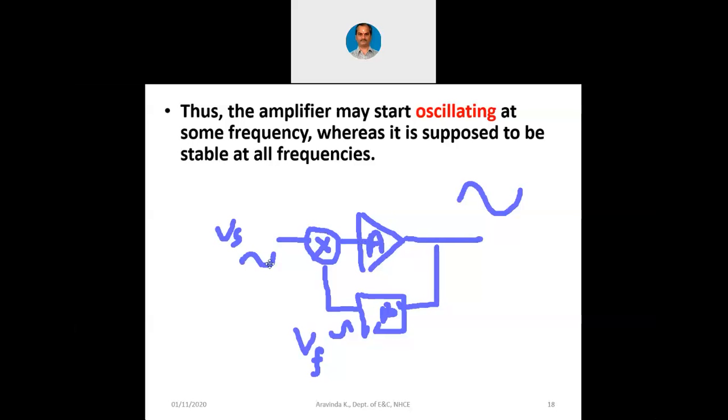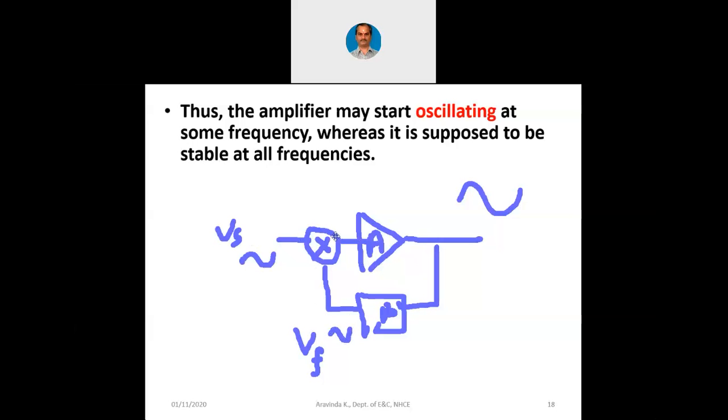Imagine that this input and the output are in phase at a particular high frequency. Then what happens at the feedback network? The signal will be in phase. Now when the signal is in phase, the feedback voltage is in phase with the input voltage. Now this will get added up.